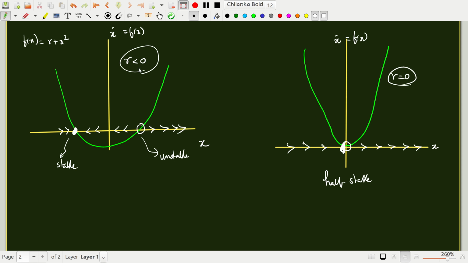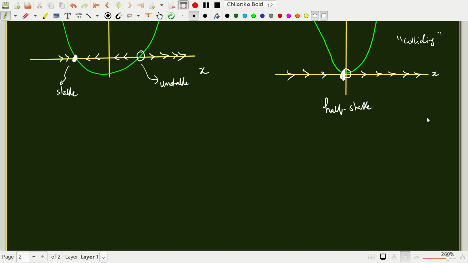So imagine that as r is increased from something smaller than 0 towards 0, these two fixed points are moving close to each other, and at r equal to 0, in some sense they are colliding to give rise to only one fixed point. Now for r greater than 0, the parabola will look like this. Sorry, let's take this color.